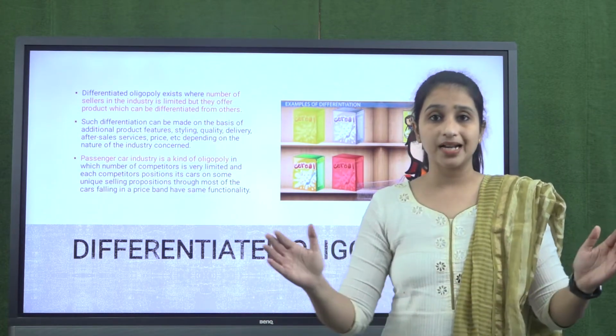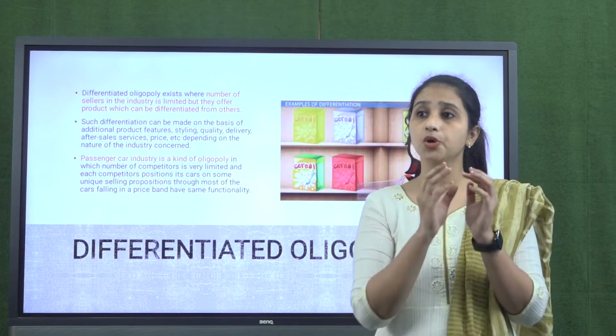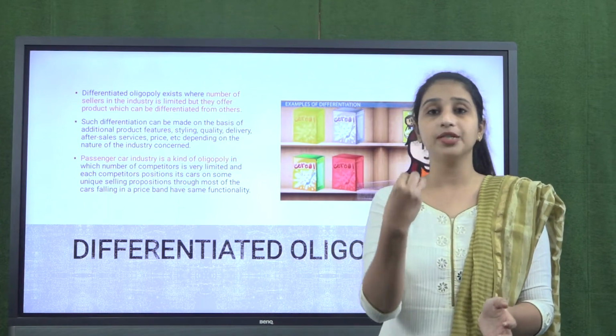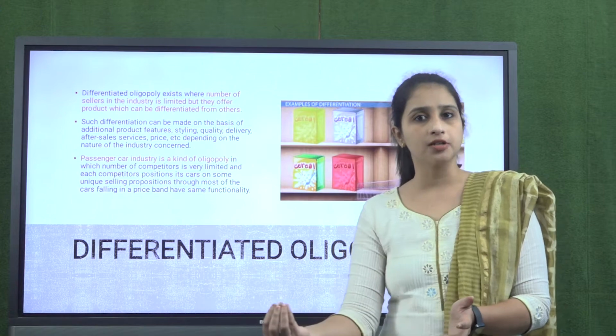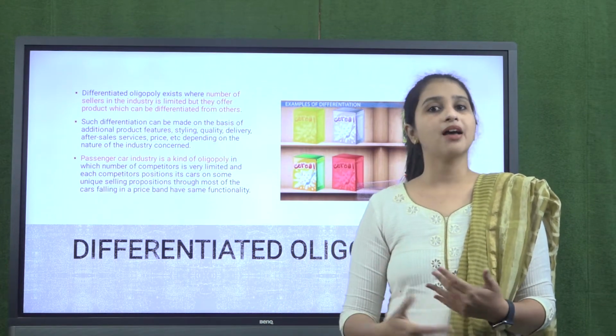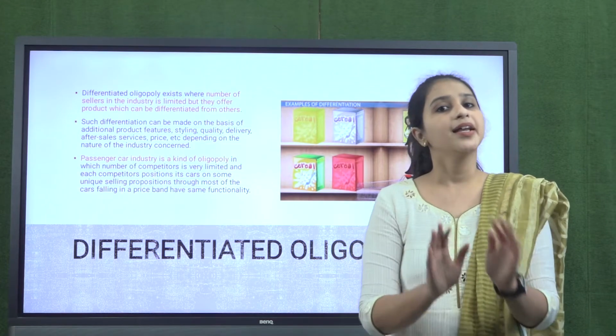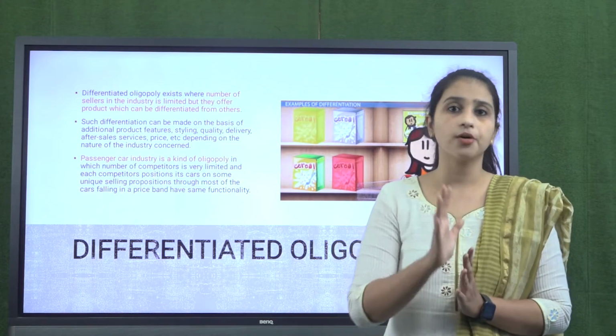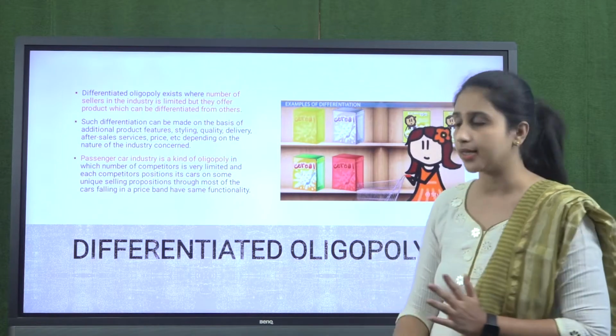In the same price band, you will get different cars with different styles or features. Even though the functionality of the car is the same, they will have something different from others, and only then can these companies exist in the market.